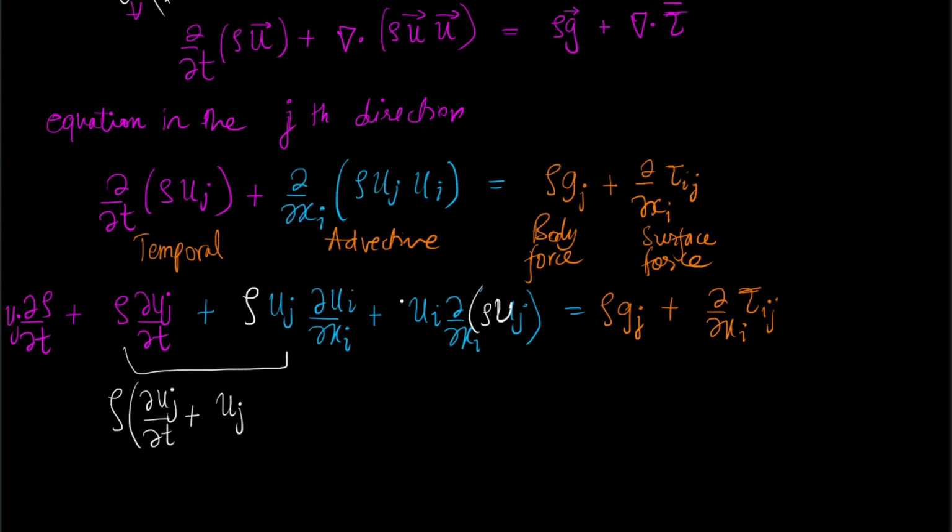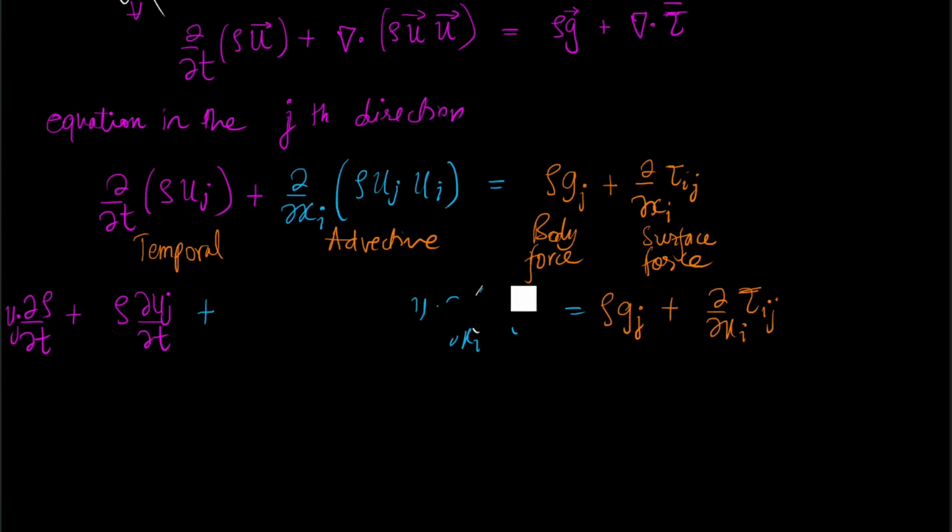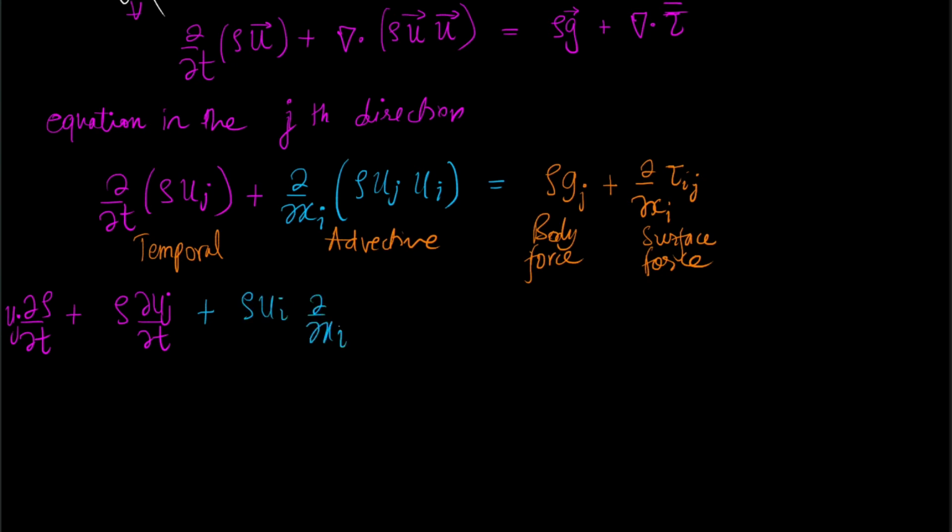There is only a certain way in which you get the best benefit out of this splitting. Let me just rewrite this. So the second term can be split as rho ui del xi of uj plus uj del xi of rho ui. This is equal to rho gj plus del xi of tau ij.